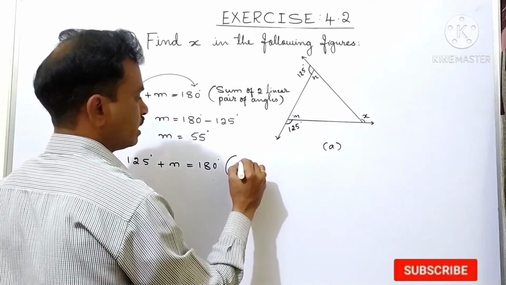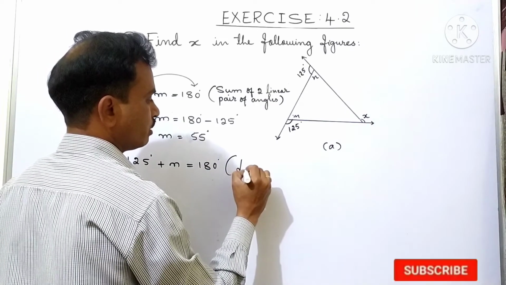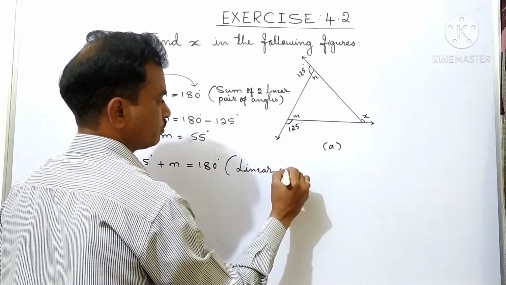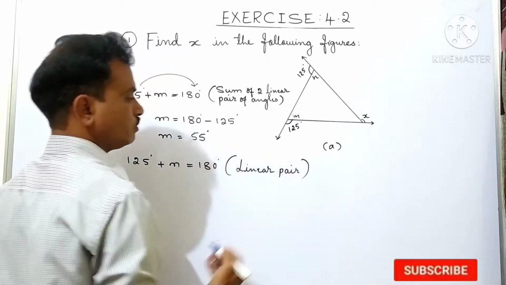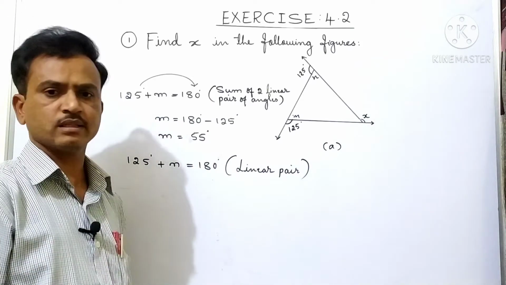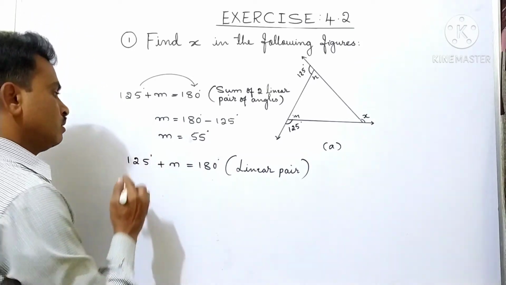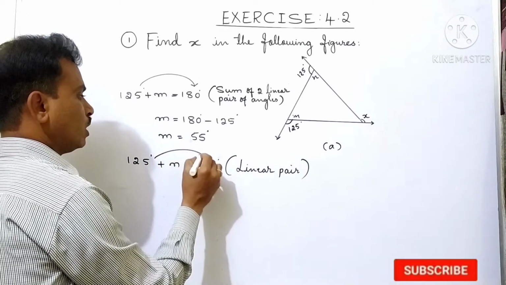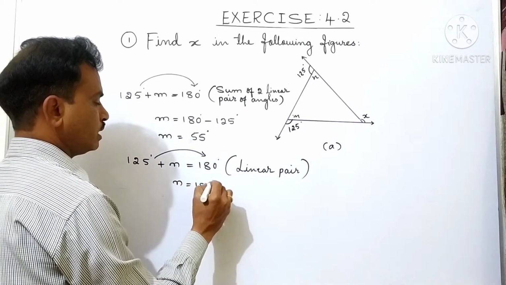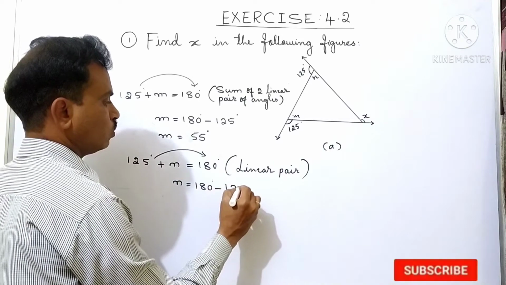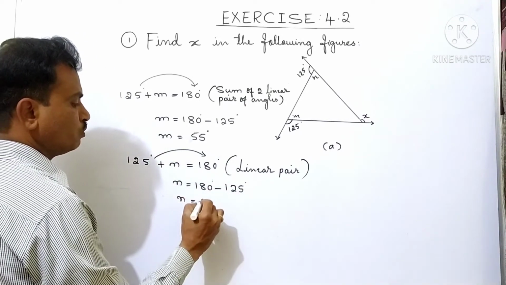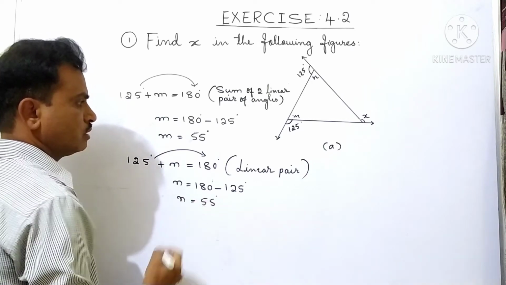So we can take it as linear pair, or sum of two linear pair of angles. So 125 you can take to RHS side. So N is equal to 180 degree minus 125 degree. So N is equal to 55 degree. Same.